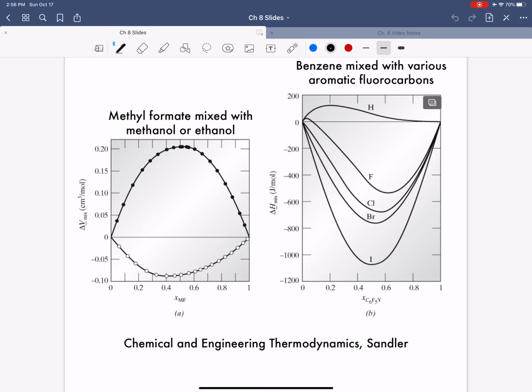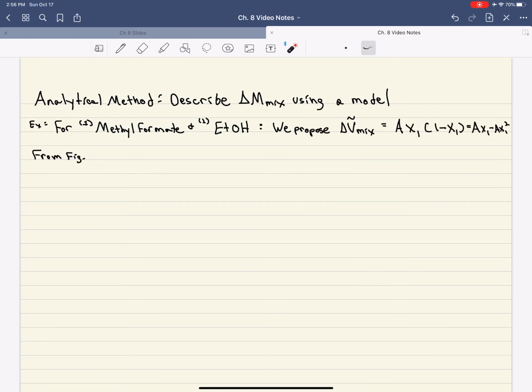And so if we take a look at the figure again, from the figure we see that delta V mix at x1 equal to 0.5 corresponds to a value of about 0.2 centimeter cubed per mole, which from our model would mean this: A times 0.5 times 1 minus 0.5, which is also 0.5.